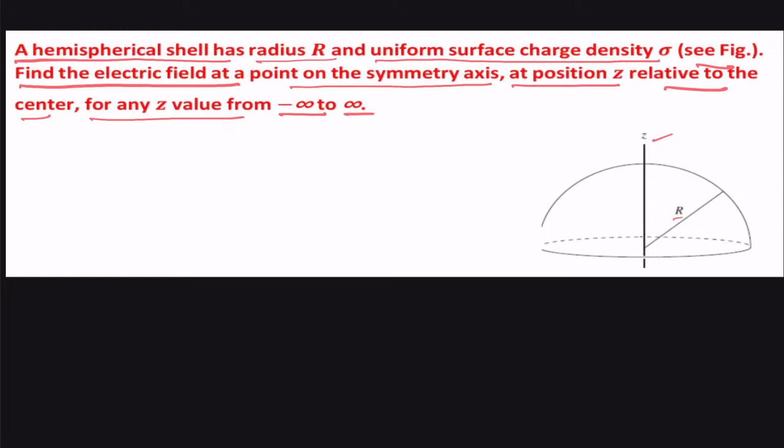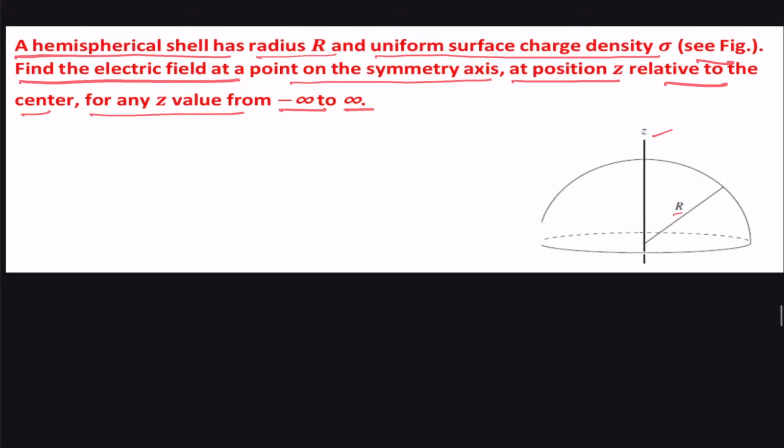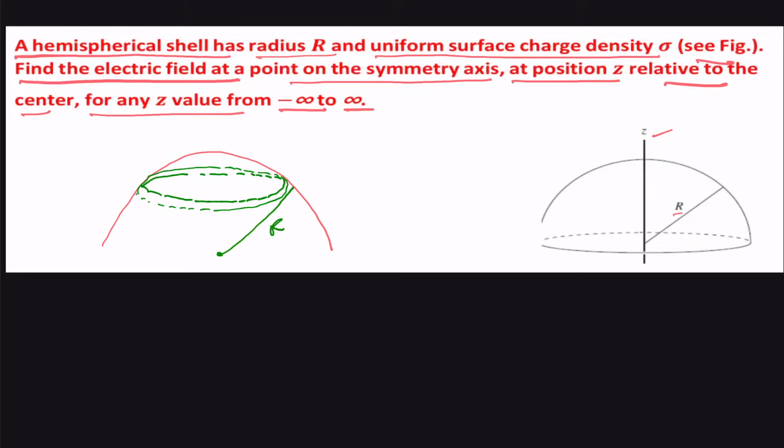In this case, because the z-axis is normally given to us, it is a sphere of radius r. And for that, let us consider a ring. Suppose this is our center, and we consider a ring like this at a radius r, and we are supposed to deal with the z direction.